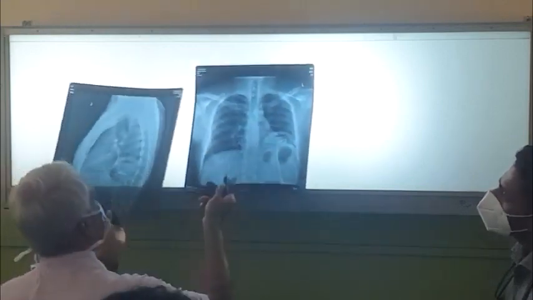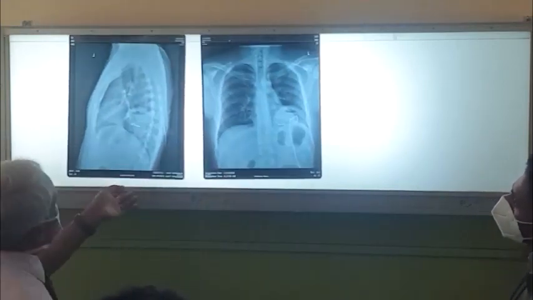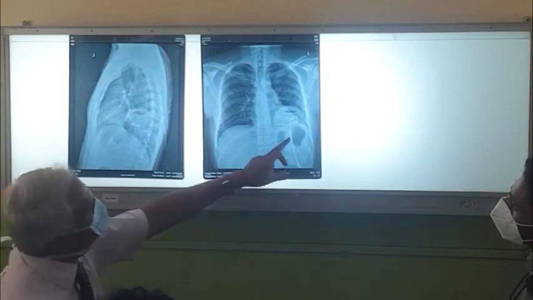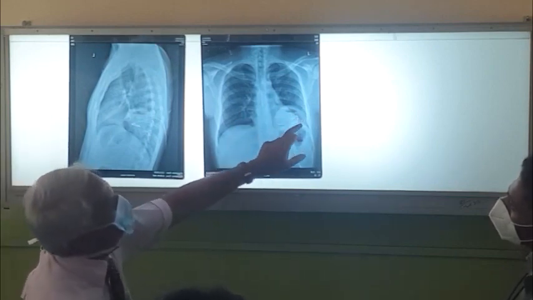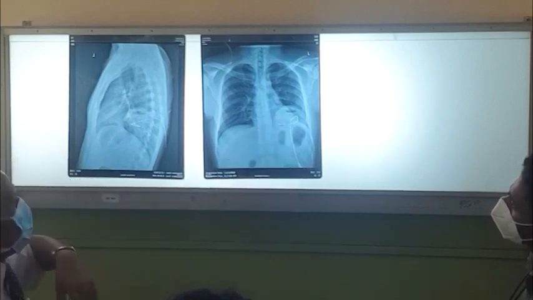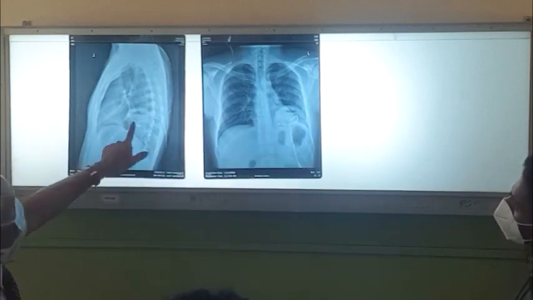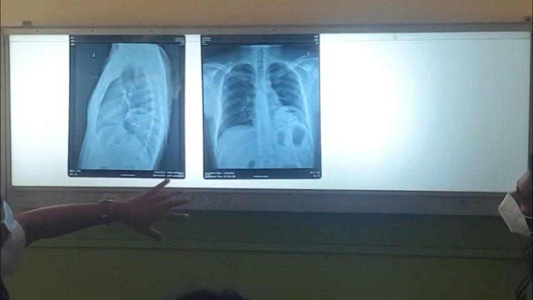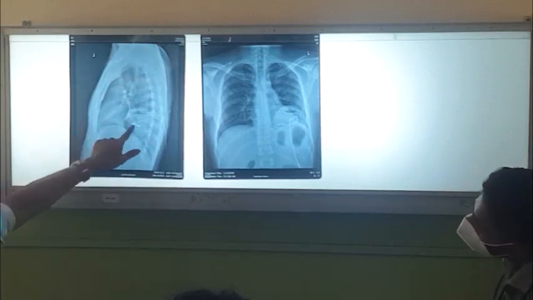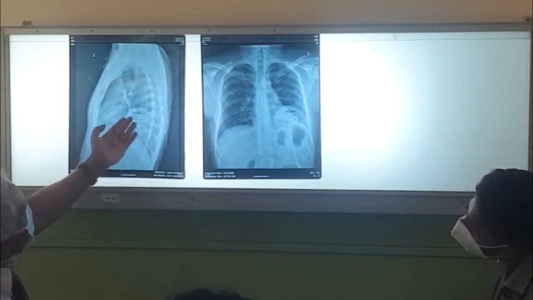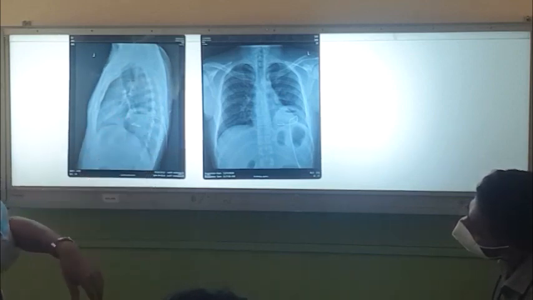Just to show you one patient who came recently, right? This is the left side. You can see a left lung abscess, and we have put a pigtail catheter there, and it got better. This is the right hemidiaphragm, you can see it nicely. The left hemidiaphragm you can't see, because above that the abscess is there.